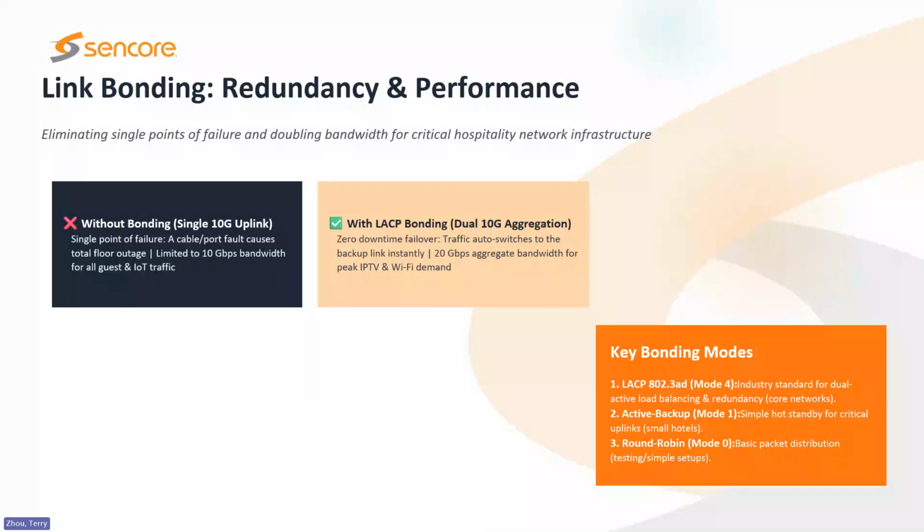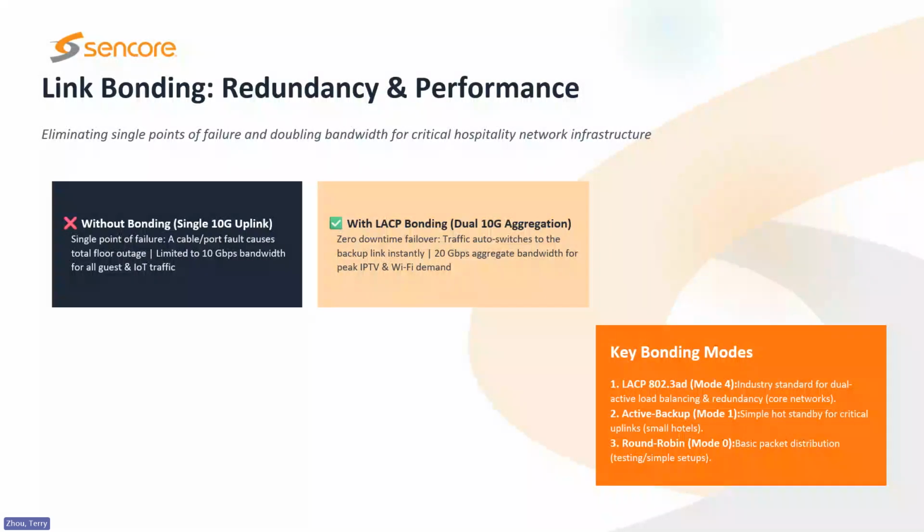Even for IPTV servers, we have a link bonding function that can expand the capability of the IPTV service streaming. We can bind multiple output ports to increase the bandwidth and or provide the redundancy function if the bandwidth is sufficient.